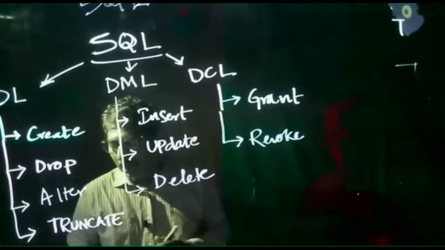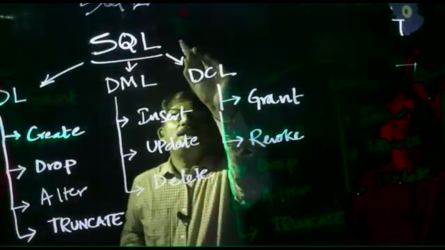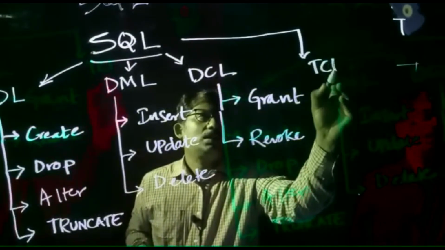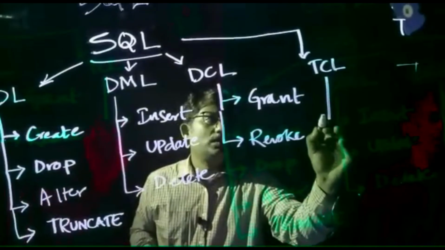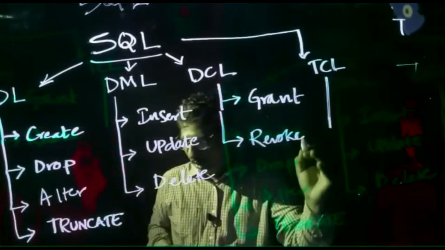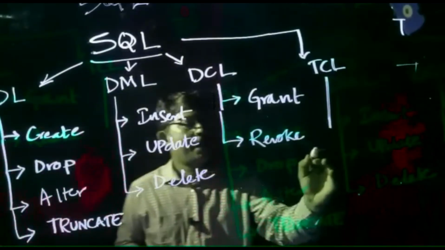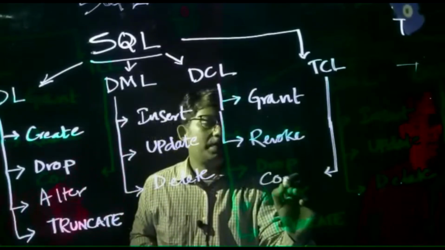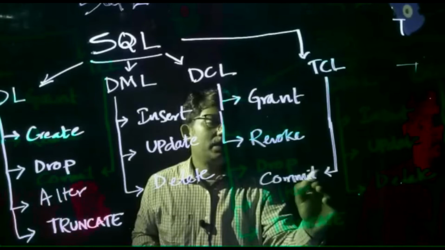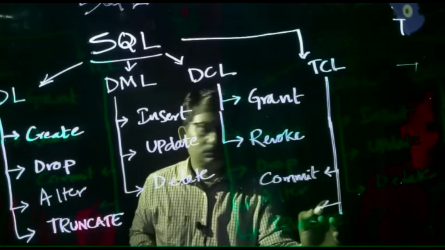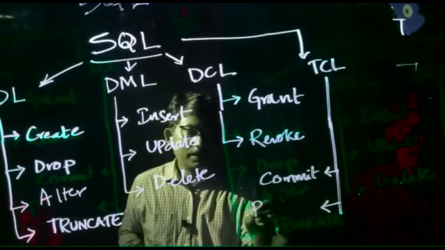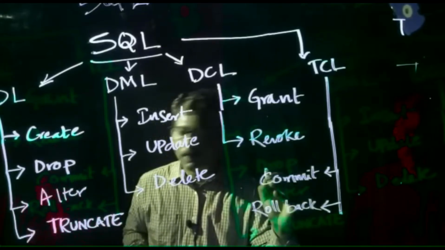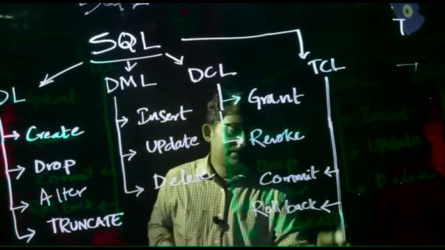Then comes TCL, transaction control commands. Those are commit and rollback. The next is save point.